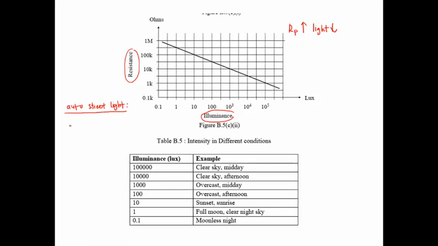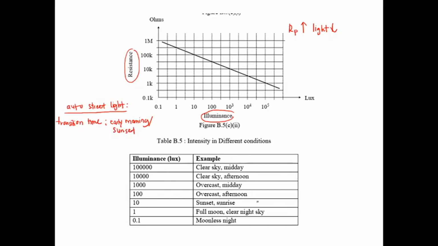So the answer is the transition time is during the early morning, or around when the sun sets, the sunset. Okay, so this is the transition time.